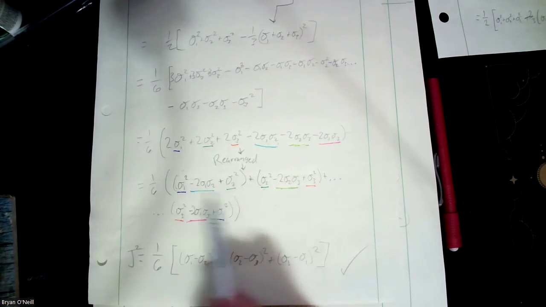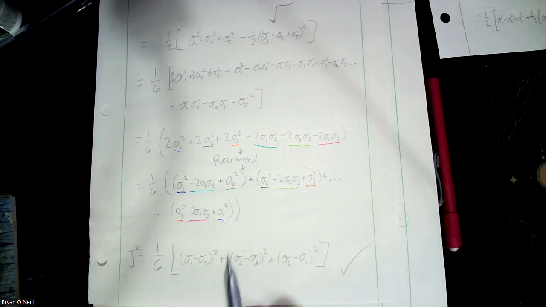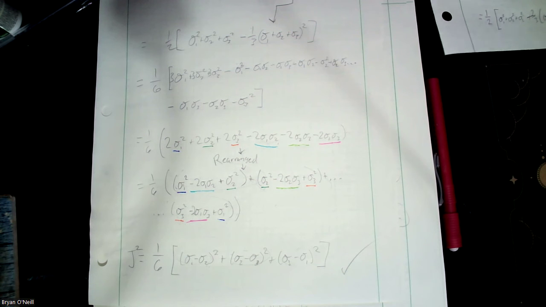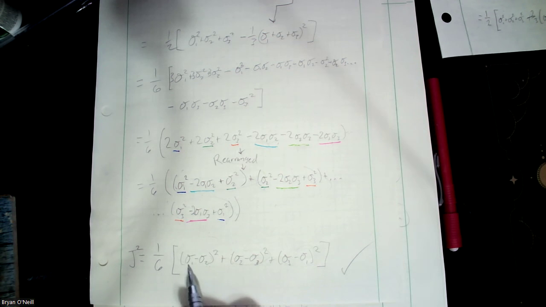This junk right here turns into this junk right here, turns into that, and finally this turns into this. We have accomplished going all the way through to the end of our proof, where J2 is equal to 1/6 of (sigma 1 minus sigma 2) squared plus (sigma 2 minus sigma 3) squared plus (sigma 3 minus sigma 1) squared. Alrighty, and that's 10.3.